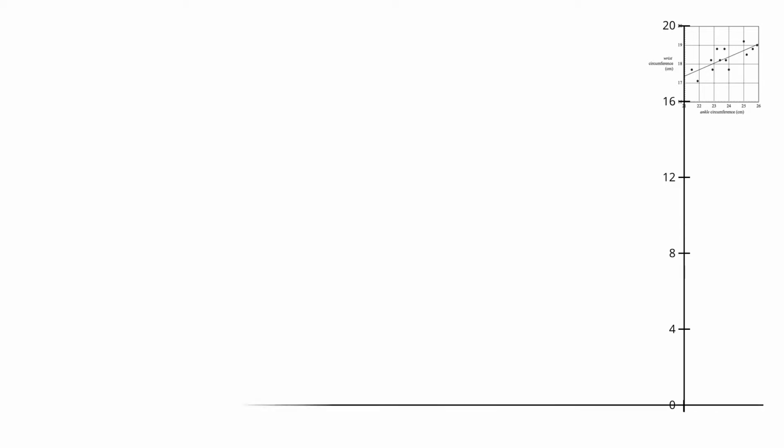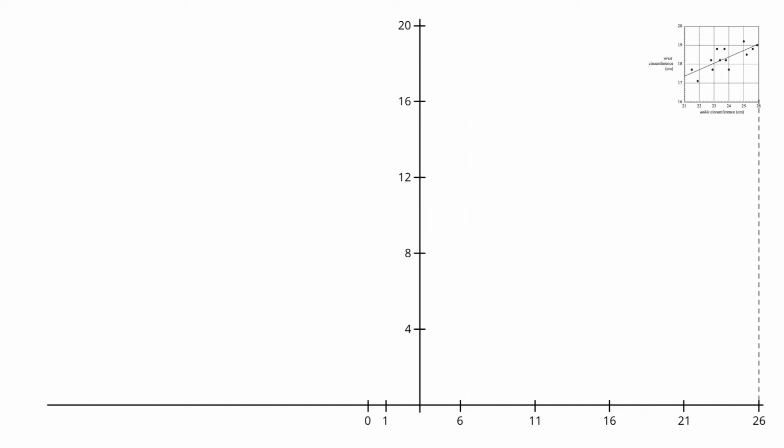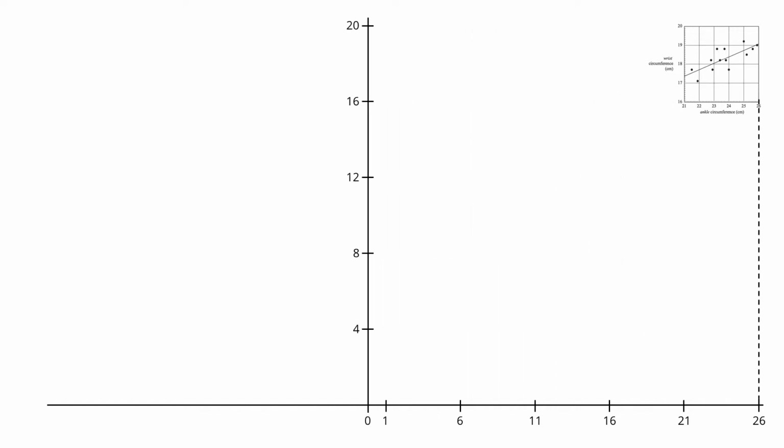We need to extend the axes so they start at 0 and 0 in order to determine the intercept with the vertical axis. If we extend the least squares line, this line intersects the vertical axis around 10.